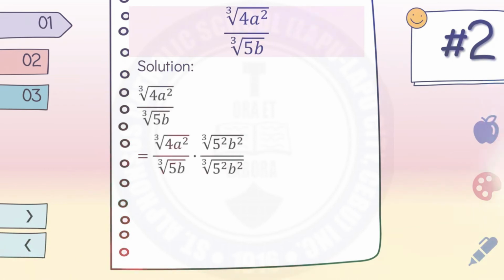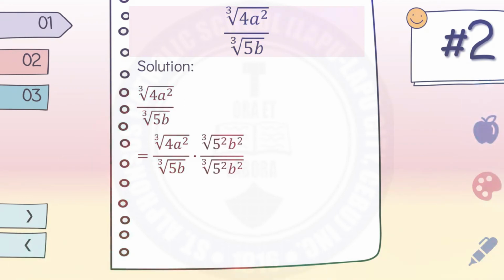So, in this case, our factor will be the cube root of 5 squared b squared.